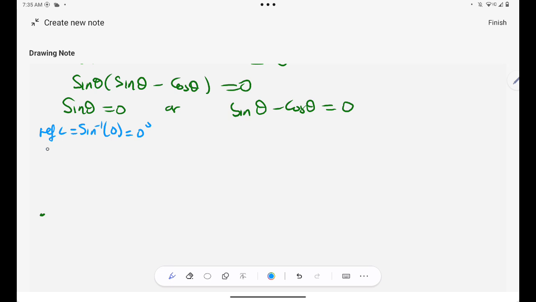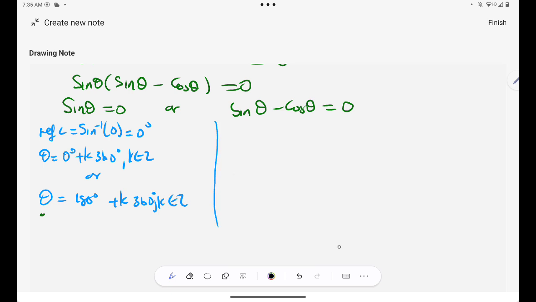I'll simply say theta is equal to 0 plus k 360, where k is an integer, or theta is equal to 180 minus 0, which is 180, plus k 360, where k is an integer. Alright, together. And then now let's deal with this one.